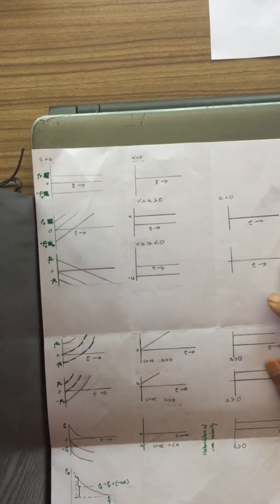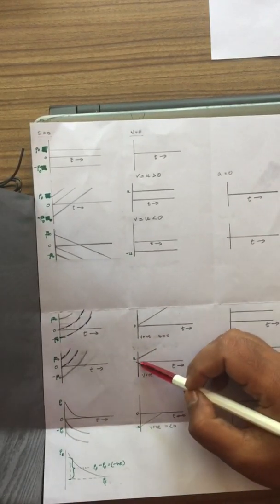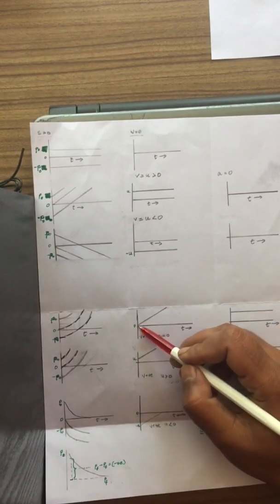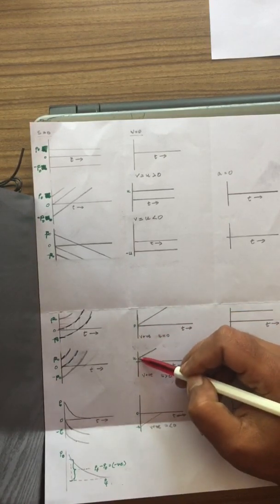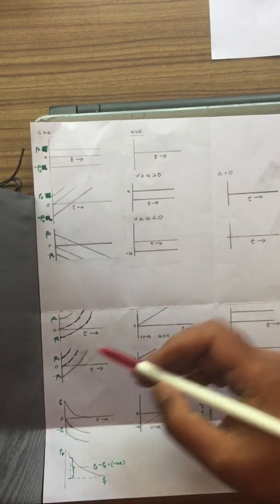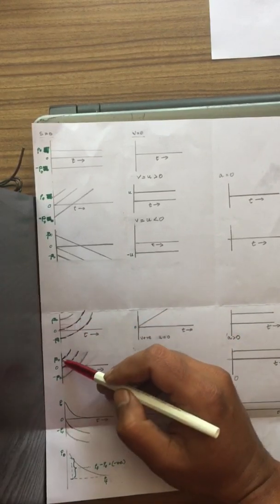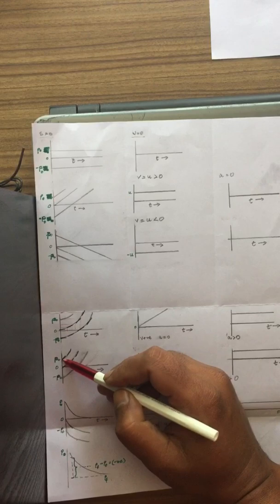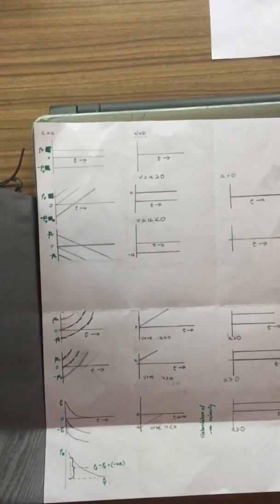Let's just take another example. What happens if we have an initial velocity of u? In this case, we started at velocity 0. Here, let's take an initial velocity of u. We will get similar graphs, except that at the beginning, the slope is not close to 0. The slope will be a value greater than 0.